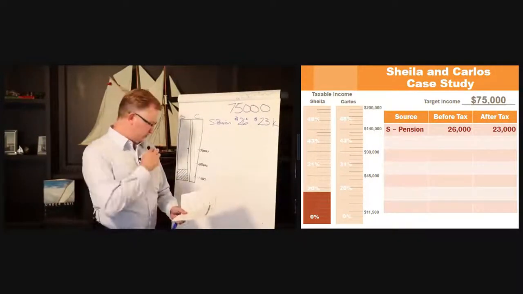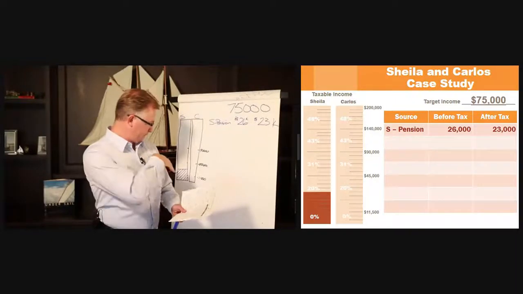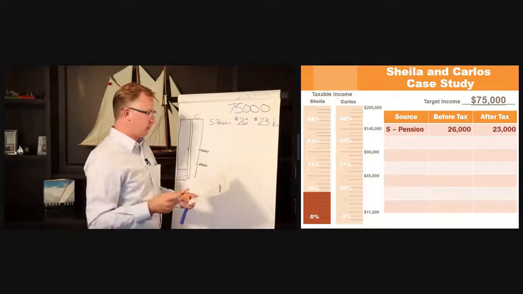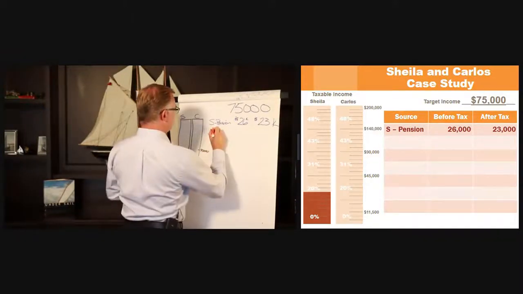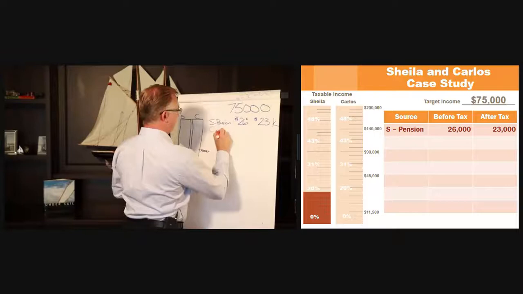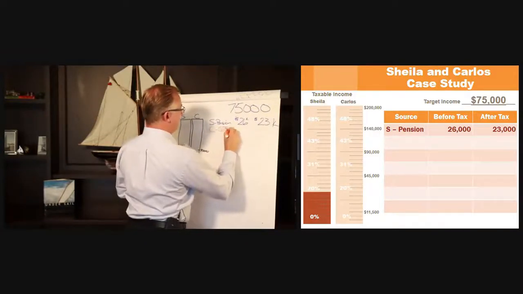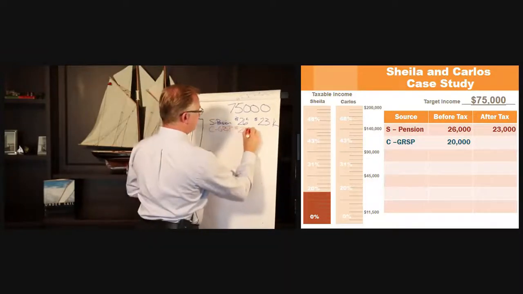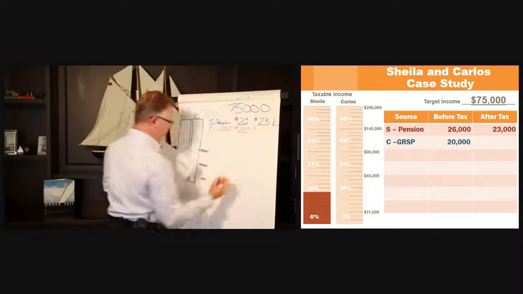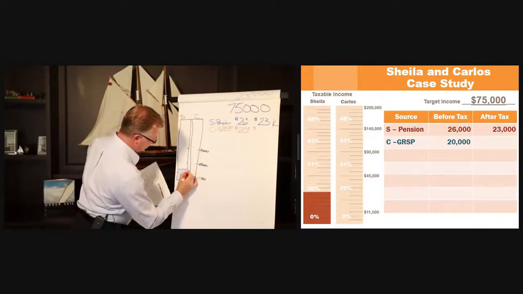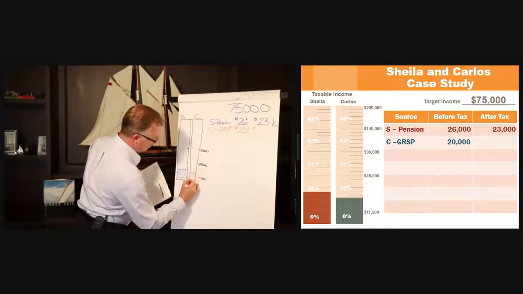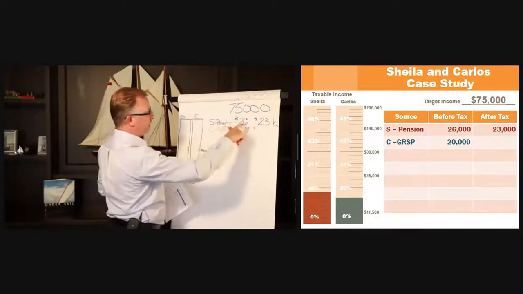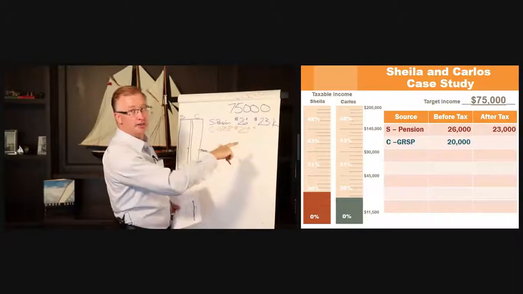So now, Carlos has a whole bunch of money in RSPs. So we're going to start using some of Carlos's RSP money. Let's go to orange for Carlos. So we've got C, and we're going to take it out of his group RSP, and we're going to start with, let's say, $20,000. Remember, pensions aren't taxed when you put the money in, and neither are RSPs.